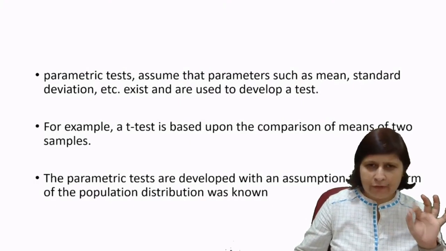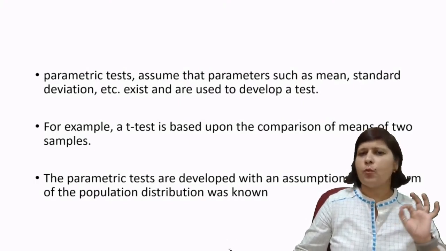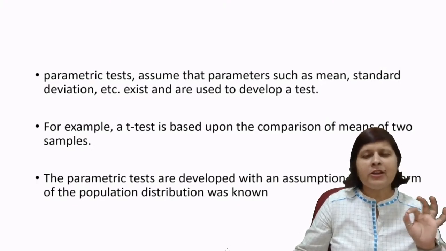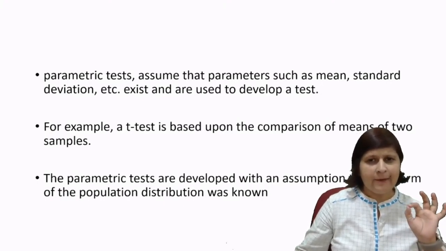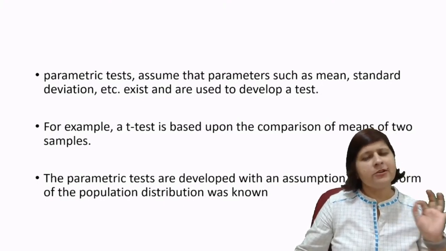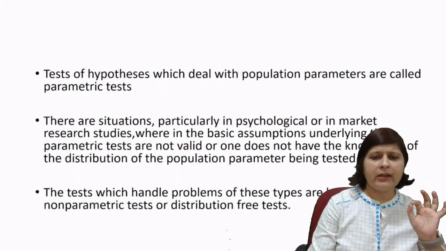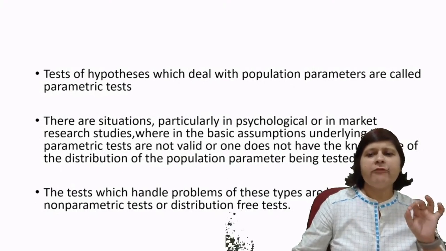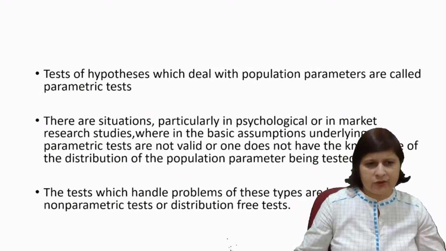One of the assumptions is that the form of population distribution is known, that the population distribution is known to the researcher, right? Only then can you carry out the parametric test, right? Tests of hypotheses which deal with population parameters are called parametric tests.